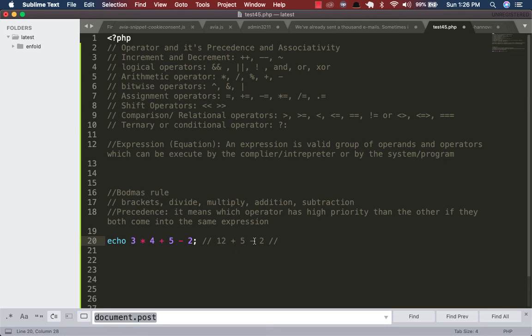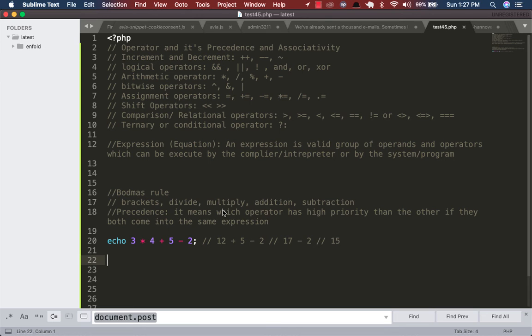Addition has higher precedence than subtraction, so that's why this will execute first. So it will become 17 minus 2. Now there is only one operator, so 17 minus 2 equal to 15. Now if we see our program, okay, that's it, it's 15.